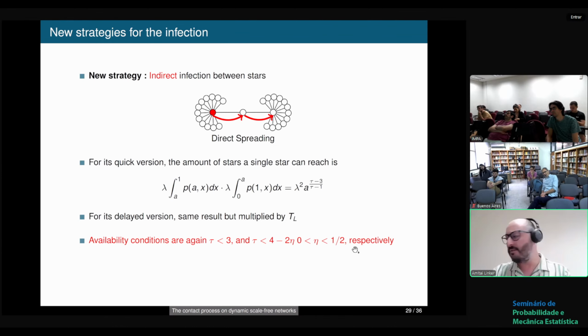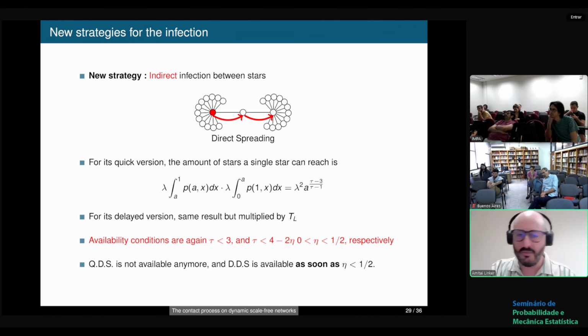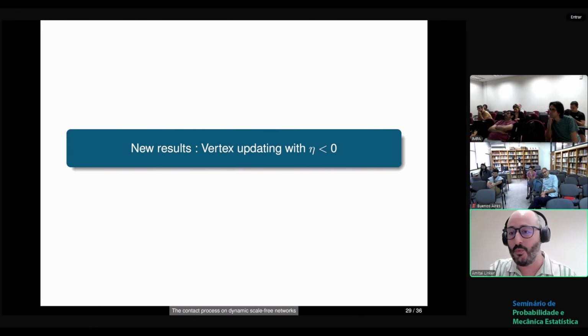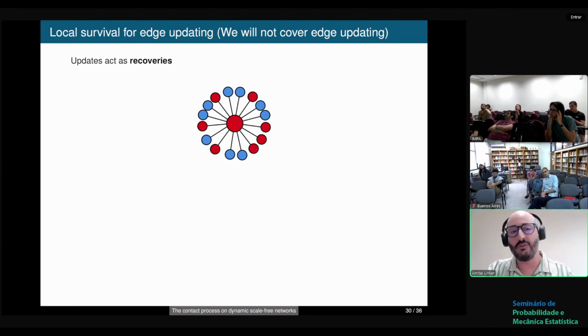Okay, since I have not much time, I'm going to quickly address what the new results are. This is what happens when eta is smaller than 0, in which everything starts to freeze. So the local survival acts a little bit differently, and this is the reason it took us so long.